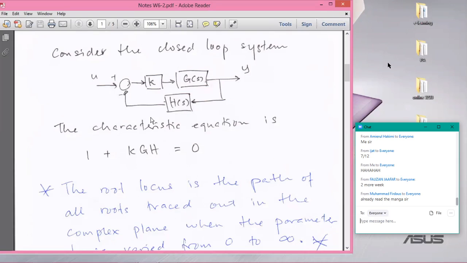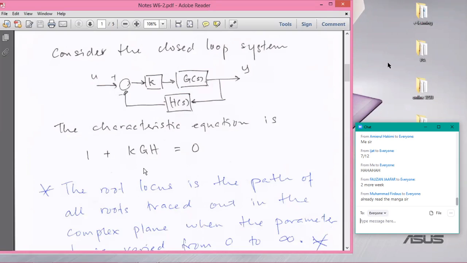So the characteristic equation is the denominator of the transfer function equals 0, which is 1 + KGH = 0. So this is what we call the characteristic equation, the denominator of the transfer function. So the roots of this characteristic equation, depending on the order of the system, if the system is third order, we are going to have 3 roots.